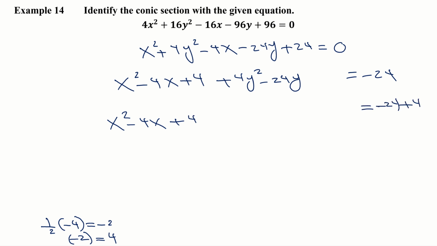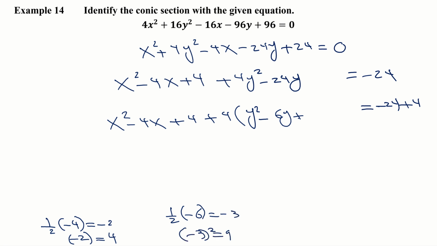we'll go ahead and add it right away, not to forget, and then plus 4 times y squared minus 6y plus take 1/2 of -6, which is -3, and square it to get 9.